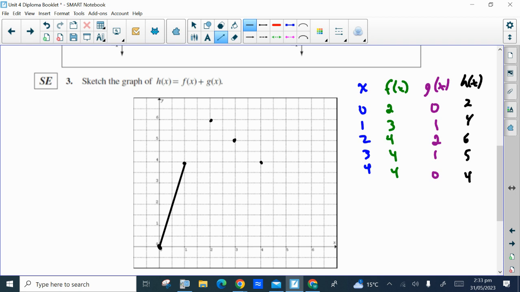Oh, I'm sorry. 0, 2. There we go. Right, so there's the new graph.